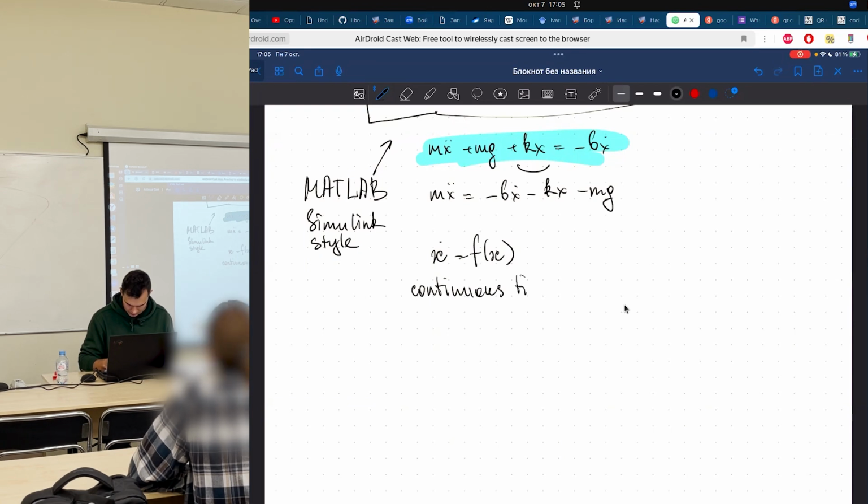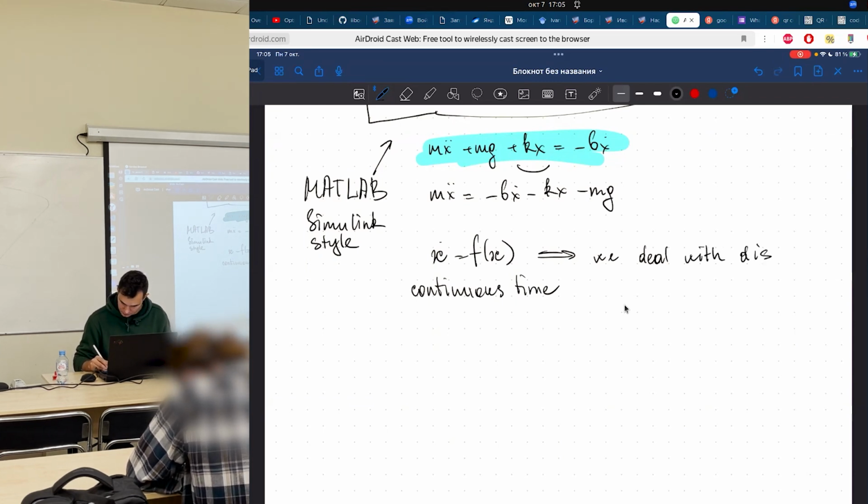We're going to deal with a discrete time system, and it's going to look like x_{n+1} equals f_d(x_n, u_n), where d stands for discrete.